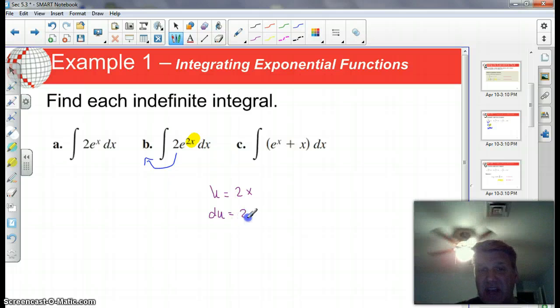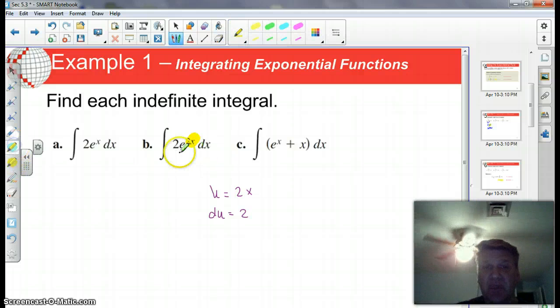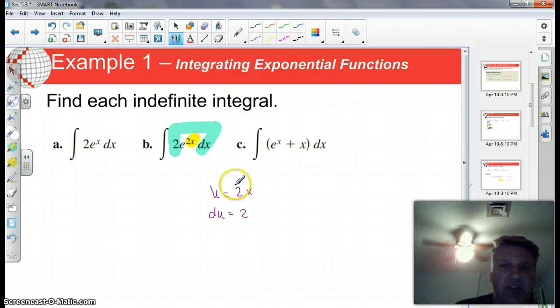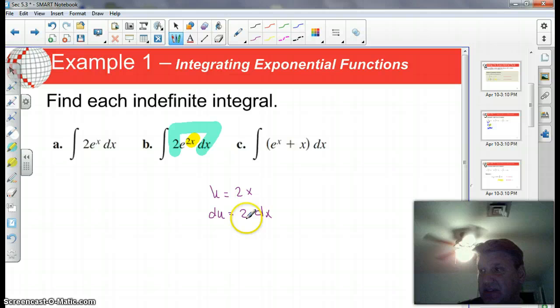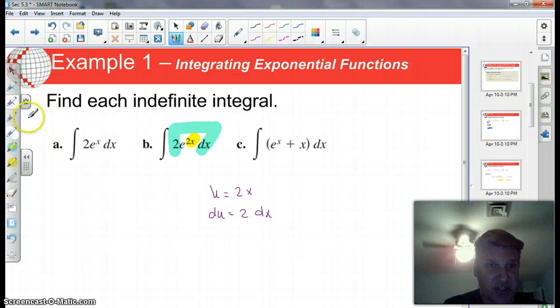So my recommendation this time would not be to throw the 2 out, because we're actually going to use this 2 right here in blue as part of our du, because du is 2 dx. And you always need this dx because you're implicitly taking the derivative of u, so I'll write dx here. If I solve for dx by dividing both sides by 2, I get a new rule: replace dx with du divided by 2.